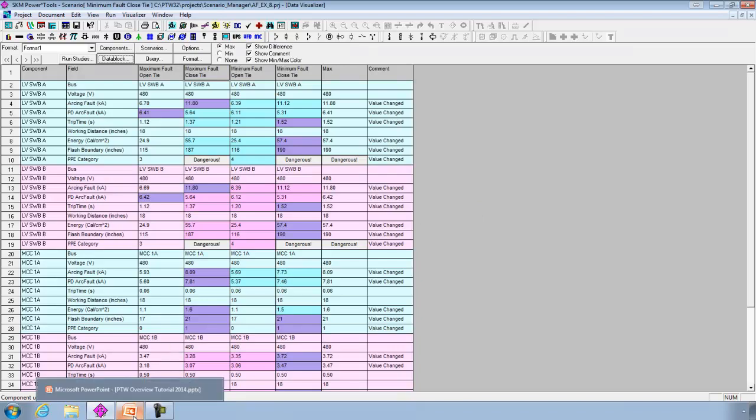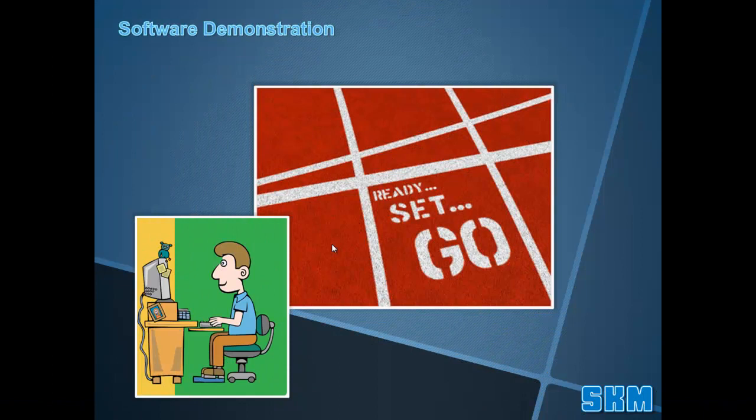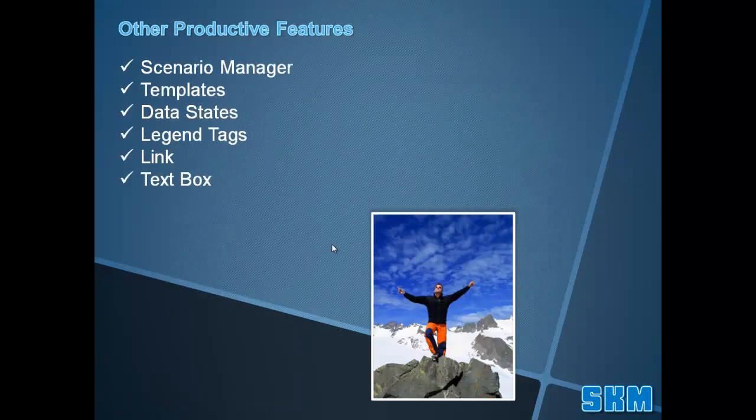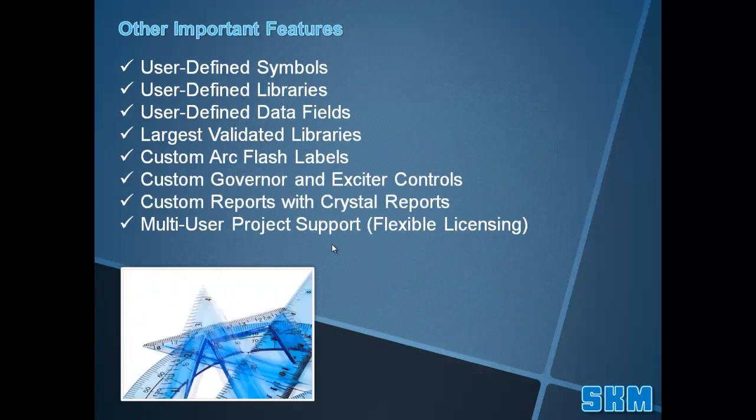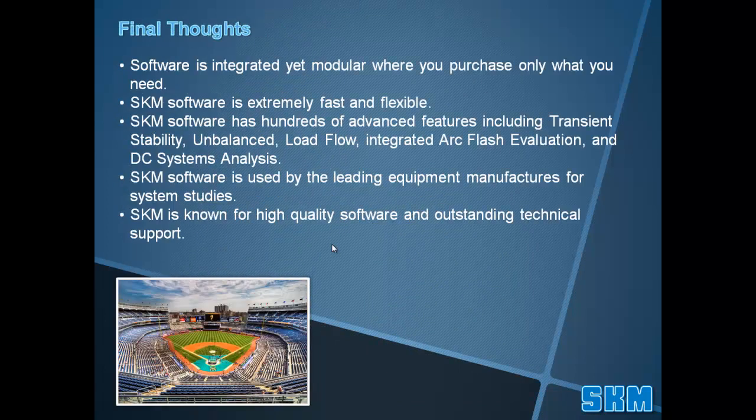Okay, so now this concludes the demonstration part of the presentation. Here are some final thoughts. The software is integrated yet modular, where you only need to purchase what you need. The SKM software is extremely fast and flexible.